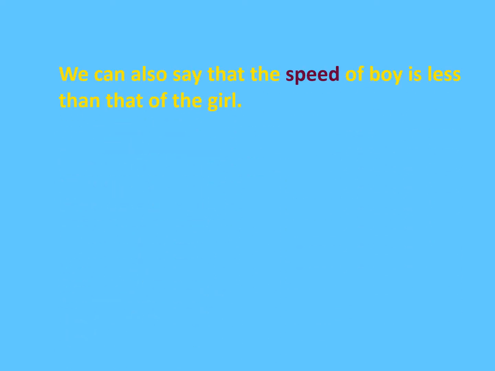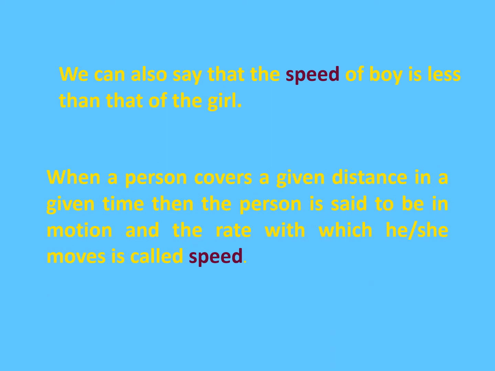We can also say that the speed of the boy is less than that of the girl. When a person covers a given distance in a given time, the person is said to be in motion, and the rate at which he or she moves is called speed.